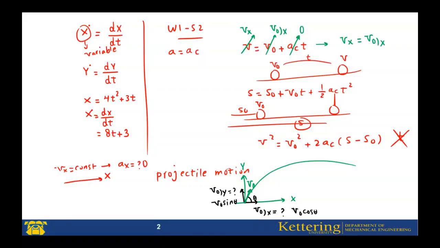Now, along the x direction, from this equation, the velocity along x, when this particle moves anytime along this path, I just found that the x component of velocity is always equal to the initial velocity along x. It means that it is always V0 cosine theta.